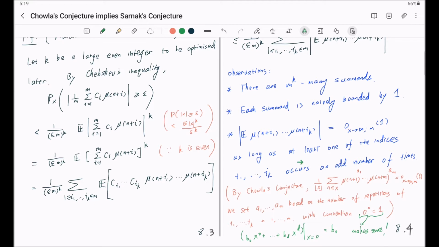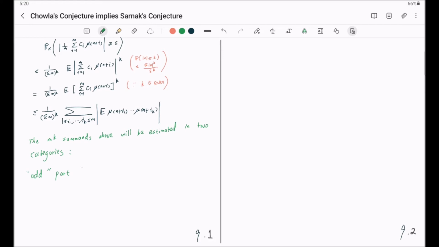And by our discussion, the summand will be bounded by this. And the number of terms here will be trivially bounded by m raised to power k. So this part is less than or equal to this times m to the kth power.